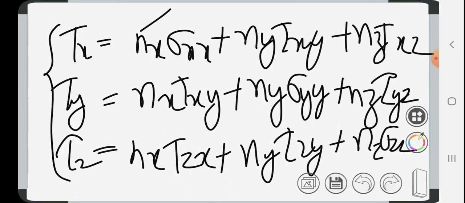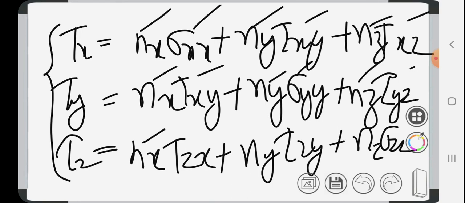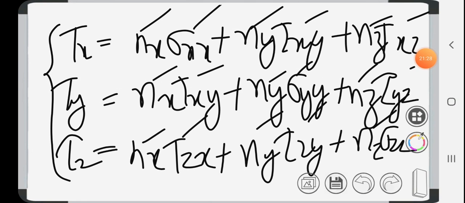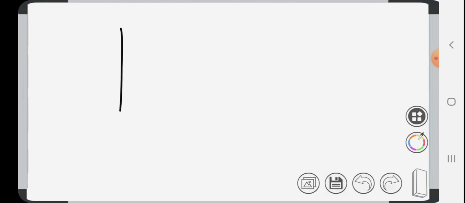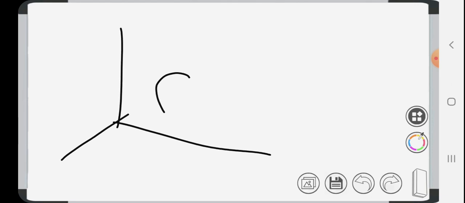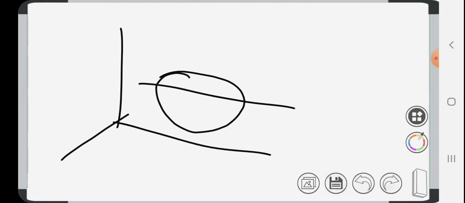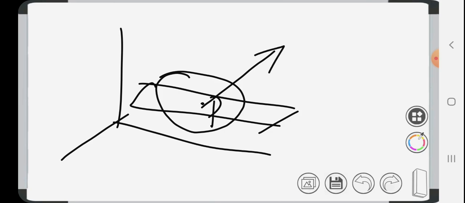So if we know all these values, you can calculate with this stress tensor. What is this? Suppose this is our body. We have a plane. We are supposed to calculate the component of our stress at this point.